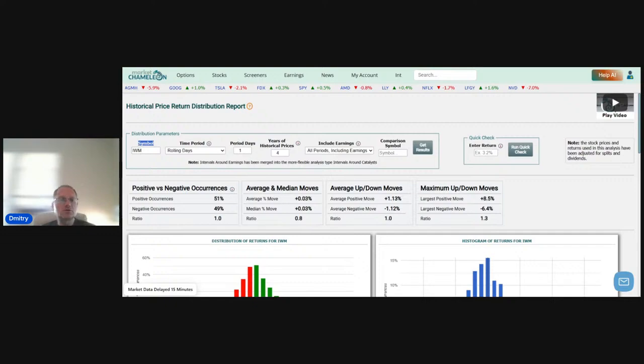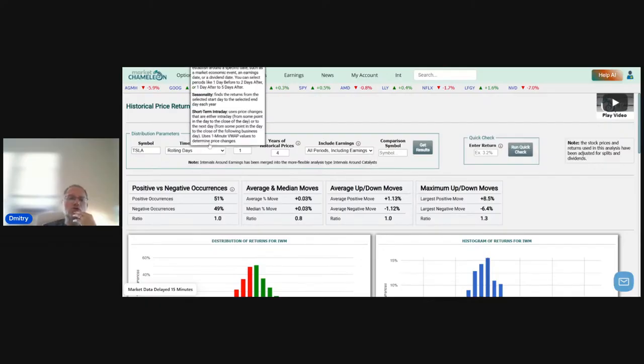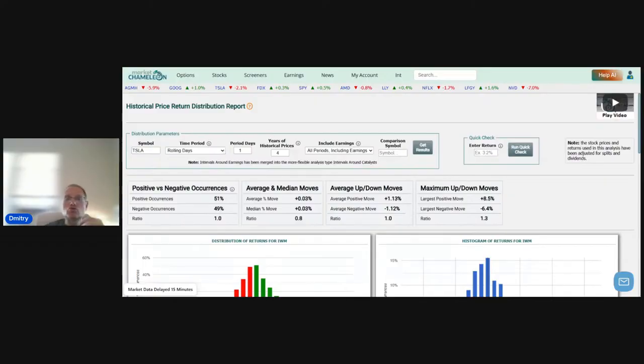I'm going to go under symbols, Tesla, and then we're going to change this calculator using this drop down to show us historical returns around the catalyst event. We're going to use this one, intervals around a catalyst.